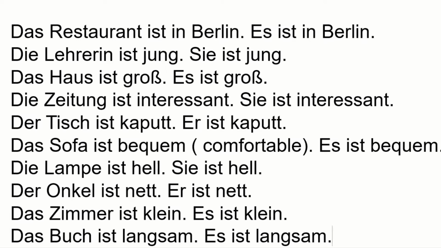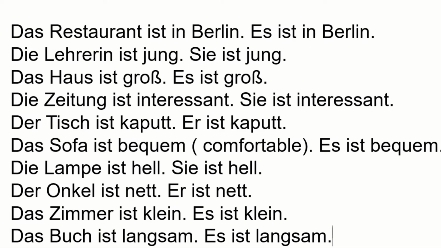Das Restaurant ist in Berlin. Es ist in Berlin. Die Lehrerin ist jung. Sie ist jung. Das Haus ist groß. Es ist groß. Die Zeitung ist interessant. Sie ist interessant. Der Tisch ist kaputt.